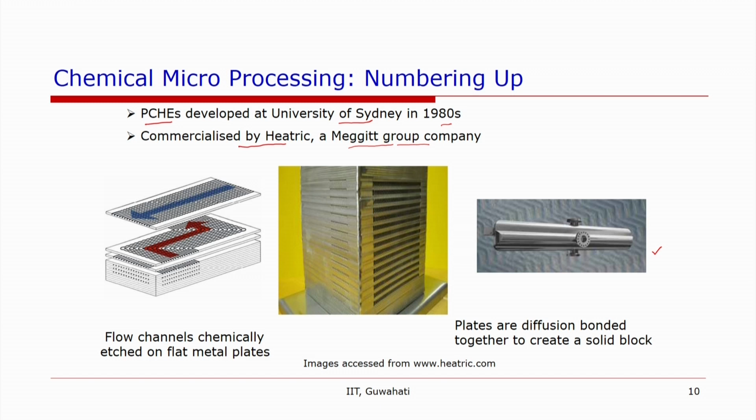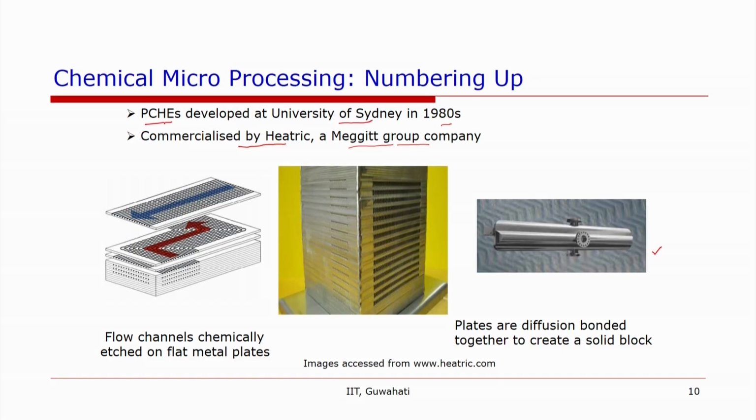Now the technology which they use has been used for developing heat exchangers, and it is commercialized successfully. In the recent decade, Heatric as well as other companies and researchers have been looking at using the same concept for scaling up microreactors.